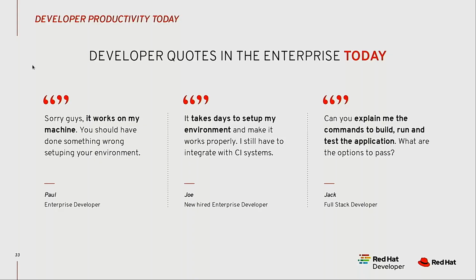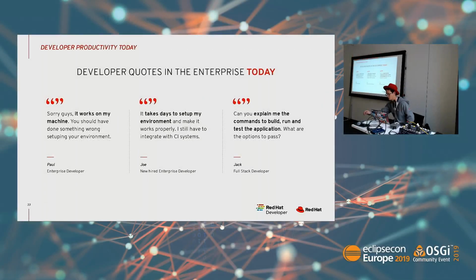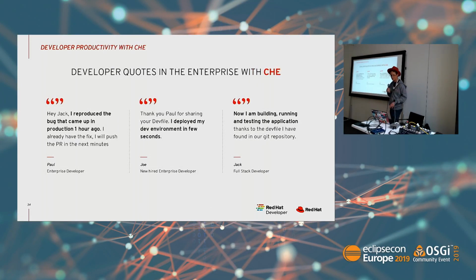Okay, to wrap up, yes, so you remember that this guy, Paul, Joe, and Jack, so they had their program. And today with Che, we are solving this kind of problem. So Jack managed to produce his bug because he's used Che and managed to push everything in production.